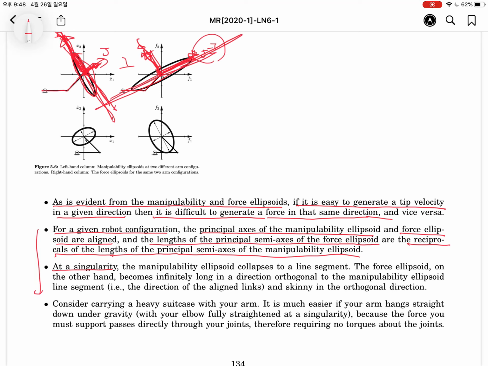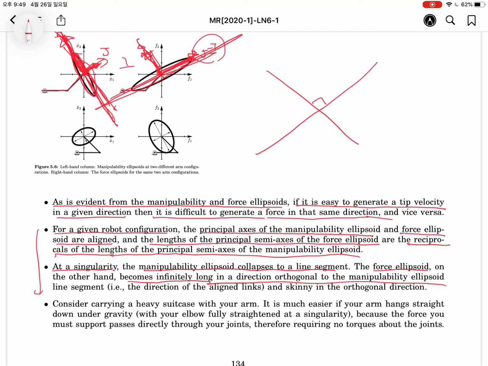Is it right? So the manipulability ellipsoid collapses to a line. The force ellipsoid becomes infinitely long in the direction orthogonal to the manipulability ellipsoid. So in the case of a singularity, the manipulability and the force ellipsoid are orthogonal to each other.